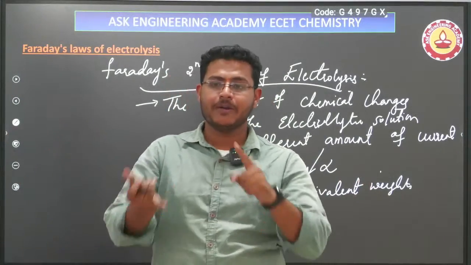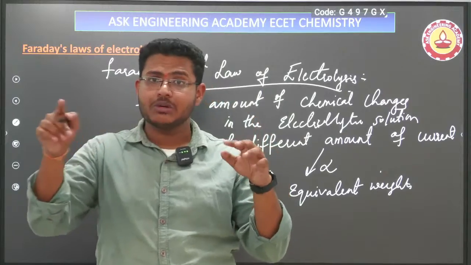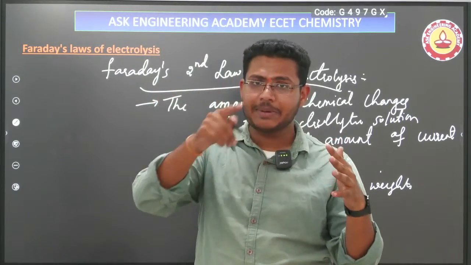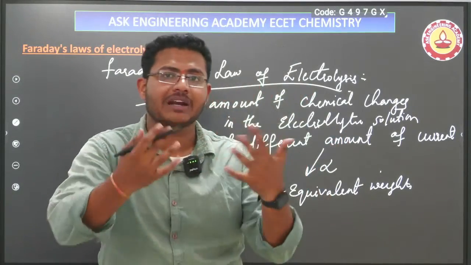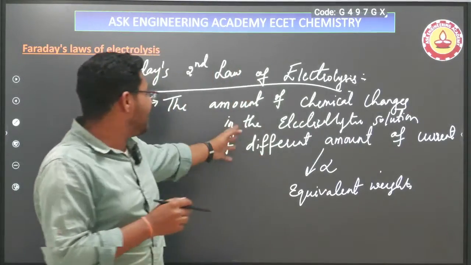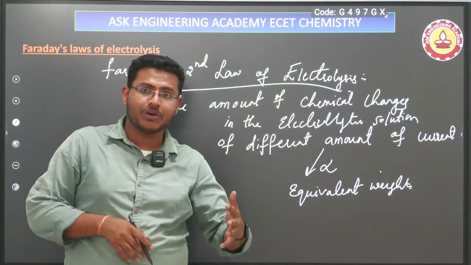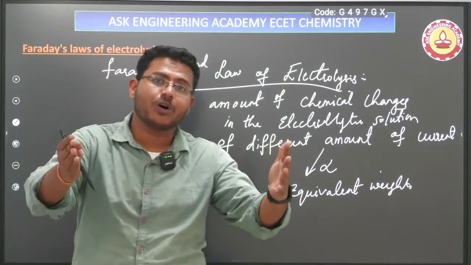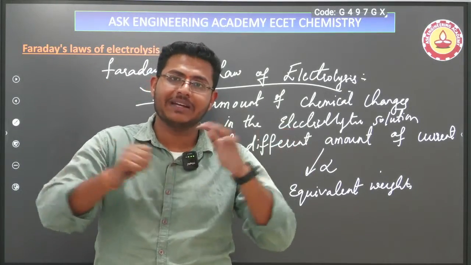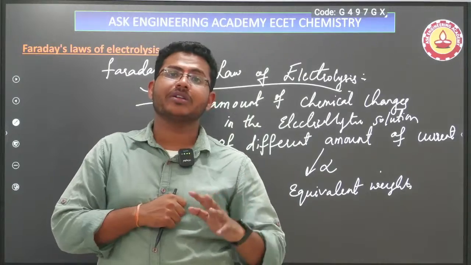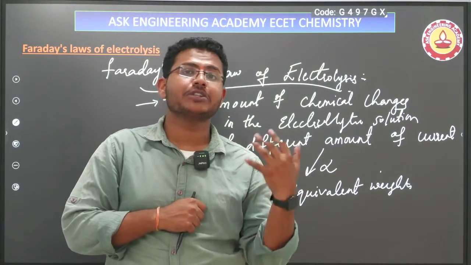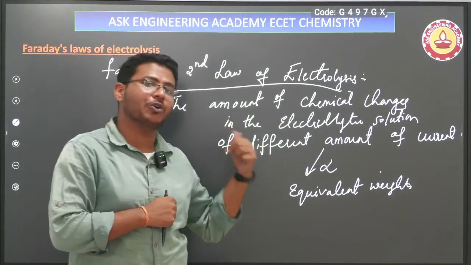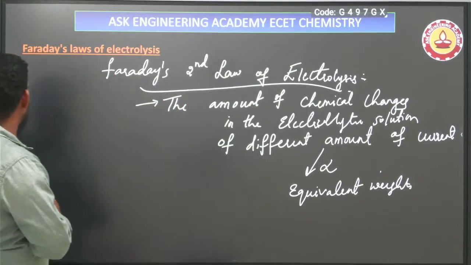That means the electrode decomposition is directly proportional to the electric current applied. The second law: the chemical changes within the electrode, when different quantities of electric current are applied, are equivalent to the equivalent weights of atoms in that particular electrode. So this is all about Faraday's second law.